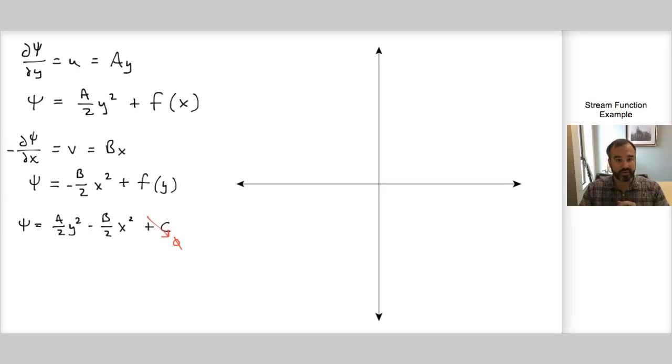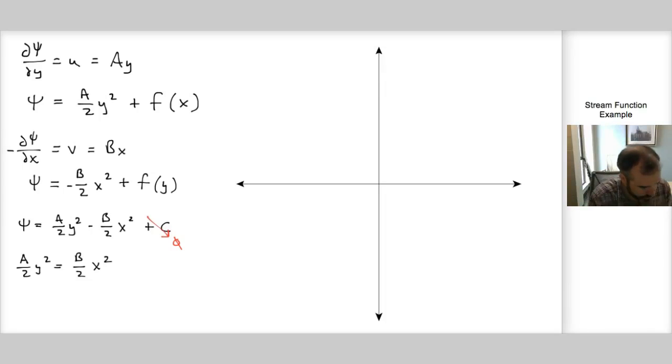Now, if we want to sketch the streamlines going through the origin, the easiest thing to do is set psi equal to 0 and solve to get what that stream functional form is. And so when we do that, we get a over 2 y squared equals b over 2 x squared.